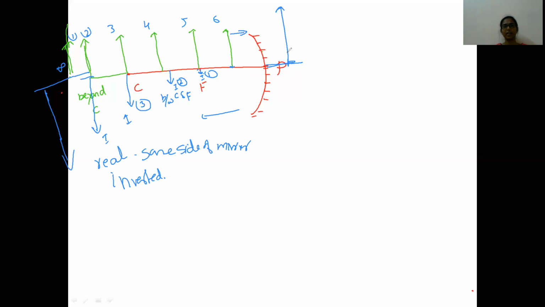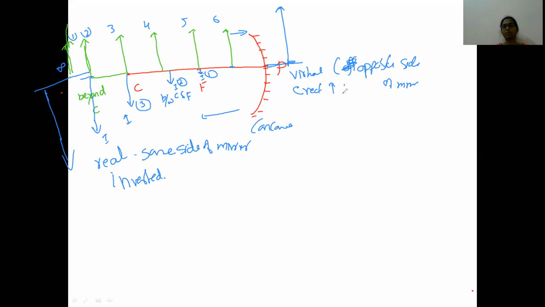Clear? And the next, the only last condition in the concave mirror, is where a virtual image is formed. Virtual means, sorry, what? The opposite side of the mirror. It will form on the opposite side of the mirror. This is the same side of the mirror, and this is the opposite side of the mirror. And a virtual image is always erect, that means upright.